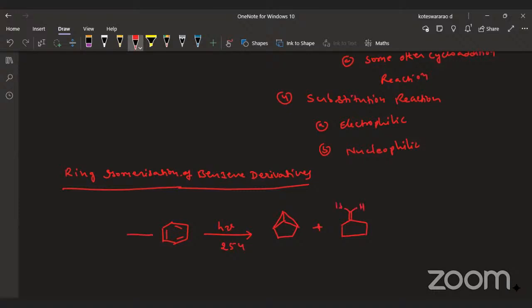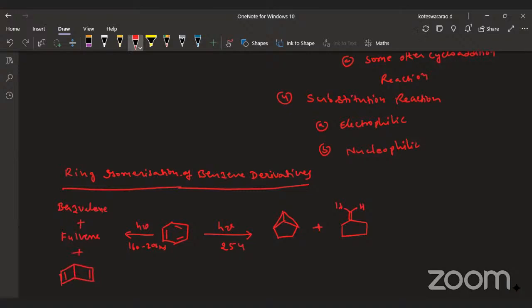At the same time, whenever we are irradiating the benzene at lower wavelengths, 162 to 200 nanometers, at that region it gives a mixture of three products: benzvalene, next fulvene, and Dewar benzene.